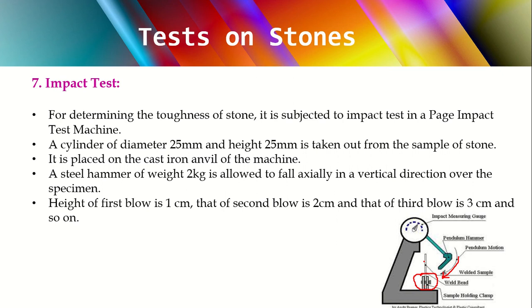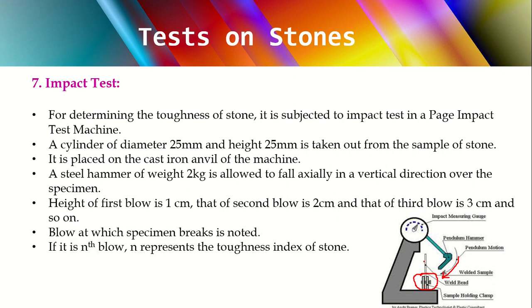Similarly, when you give it the second time, hit it at 2 centimeters, and for the third blow 3 centimeters, and so on. In the process of repeating the experiment, observe at which blow your stone is breaking. The blow at which your stone specimen breaks is noted as the toughness index of the stone, right?